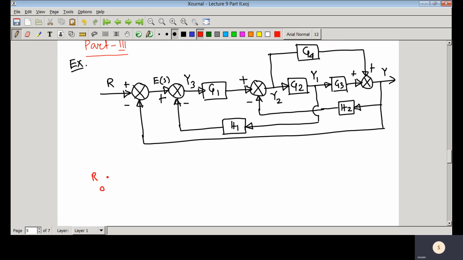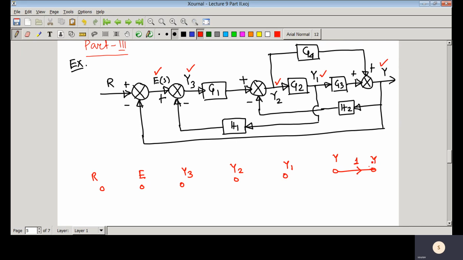So here one variable is R, that is the input, and another variable is E. Now the next variable is Y3, then Y2, then Y1, and then Y, and as this is the output node, that is Y with gain 1.